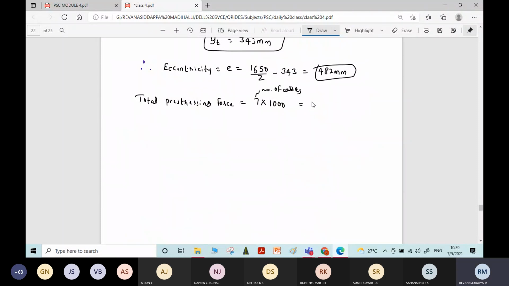What is the total force you will get? 7,000 kilonewton, or 7,000 into 10 power 3 Newton. That is the P value.